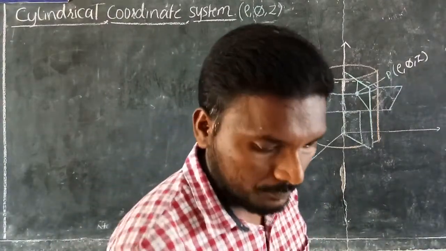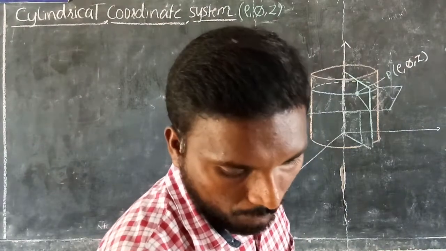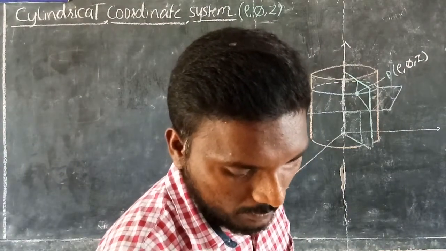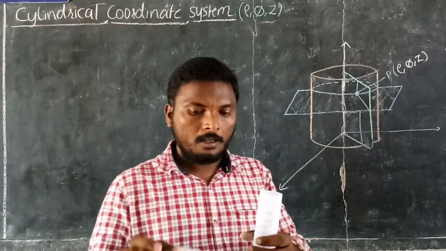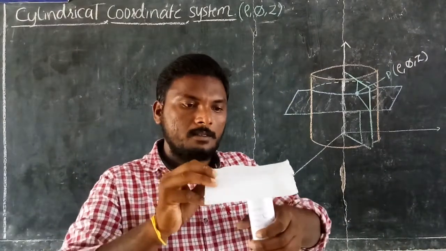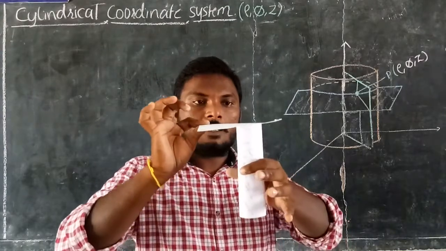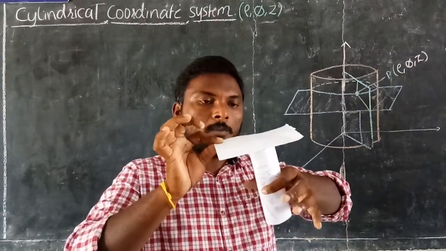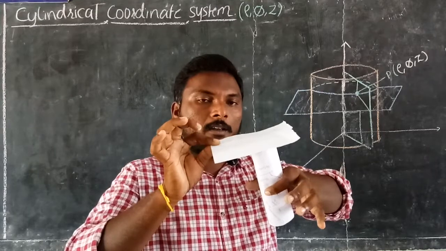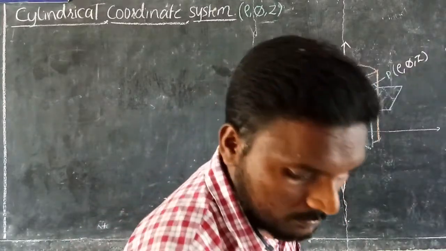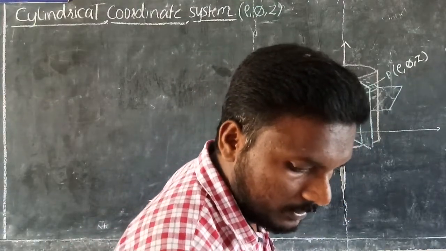Okay, now you tell me, if I intersect a cylinder and a constant z plane like this, what is the common portion which is going to be formed here? It is a circle like this. See, you can observe the circle here.